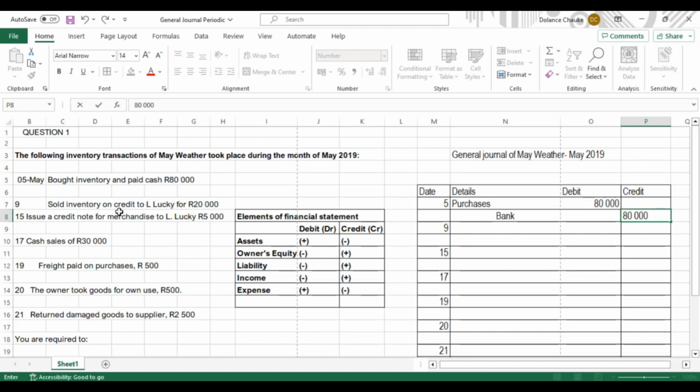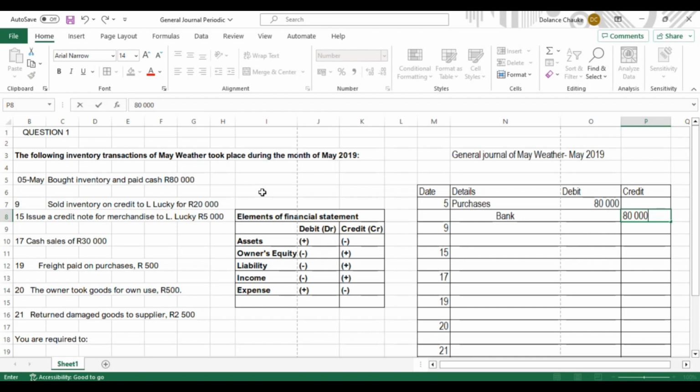And what is debtors control in terms of the elements? Debtors control in terms of the element is an asset. Okay, so it's increasing because we are having more people that are buying on credit. It means we have an increase in debtors control because we received a debtor that bought on credit.